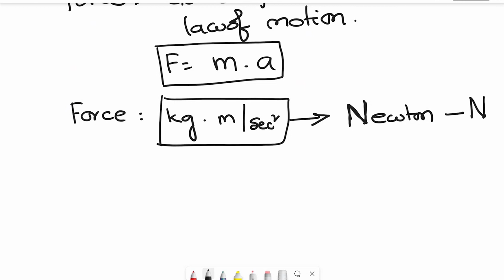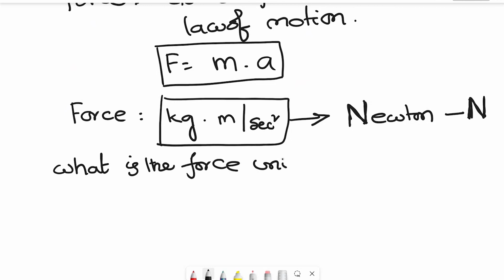For example, joule, J, and watt, W. So what is the force unit in fluid mechanics? Kindly remember, it is Newton, capital N.